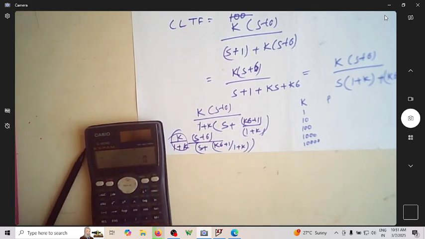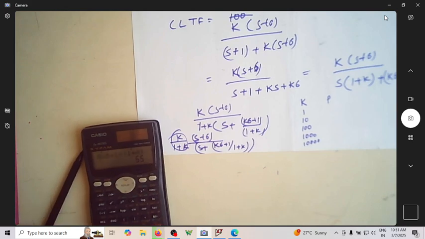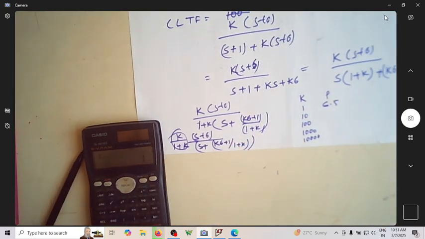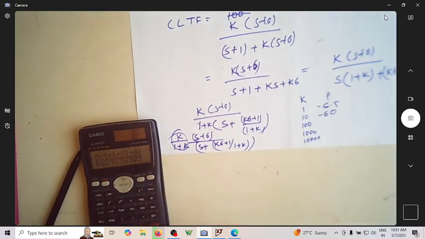It is alpha a into 6 plus 1 divided by 1 plus alpha a. Calculate for a equal to 1, it's at 6.5. Calculate for 10, it's at 60. Of course this pole position is minus 60.